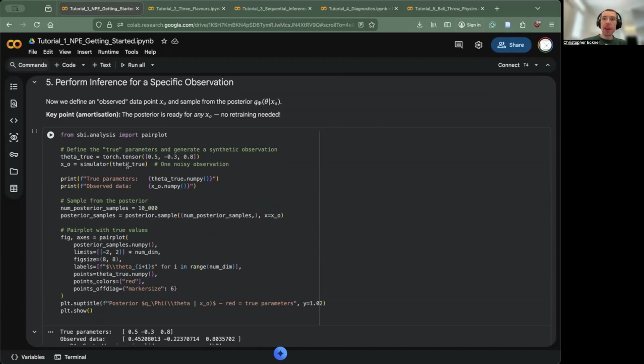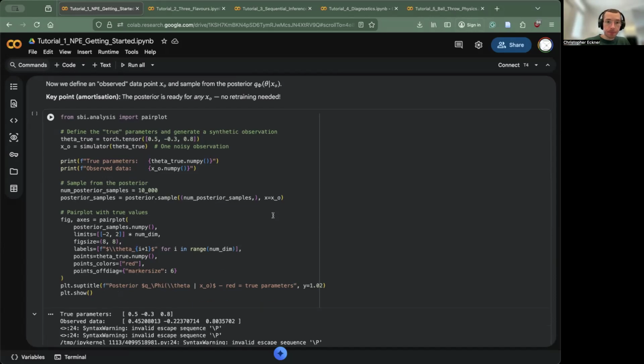We simulate from it one noisy observation. From this noisy observation, we would like to know the most likely position given the posterior we've just learned. Let's draw 10,000 samples of the posterior given this target observation.